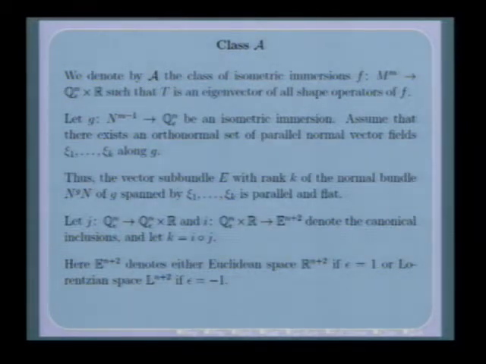And this is just a bit more notation. I have to introduce these canonical inclusions. And I will denote by E^(n+2) either the Euclidean space in case epsilon is 1, recall epsilon is the curvature of the base space, or Lorentzian space in case epsilon is minus 1.